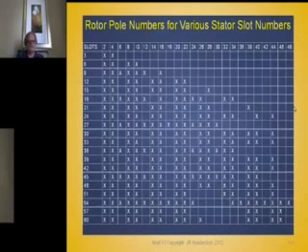Here we have slots on the vertical, and that has to be divisible by 3 if it's 3-phase, divisible by 4 if it's 4-phase, or 2 if it's 2-phase, but 3 for the 3-phase. And across the top we have the number of poles. Since poles have to come in pole pairs, the number of poles has to be divisible by 2. So every place you have an X, you have a possibility for a balanced winding.